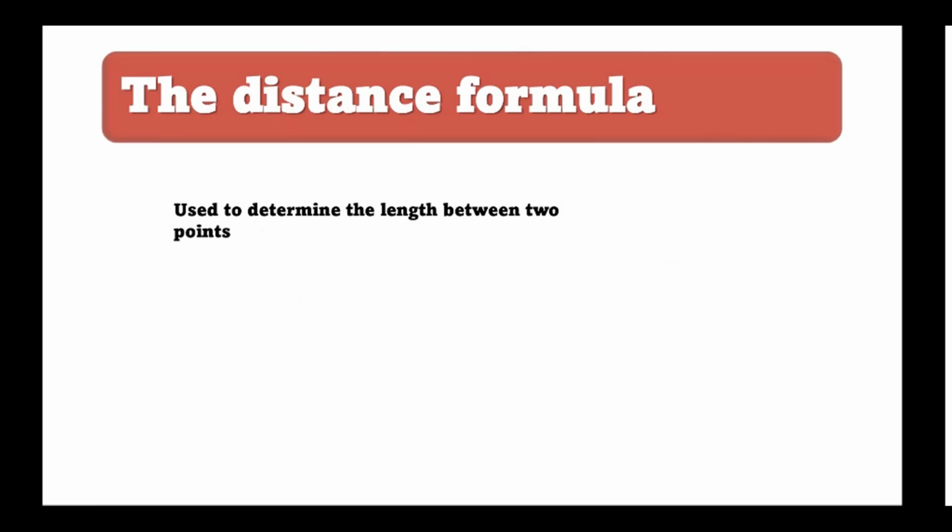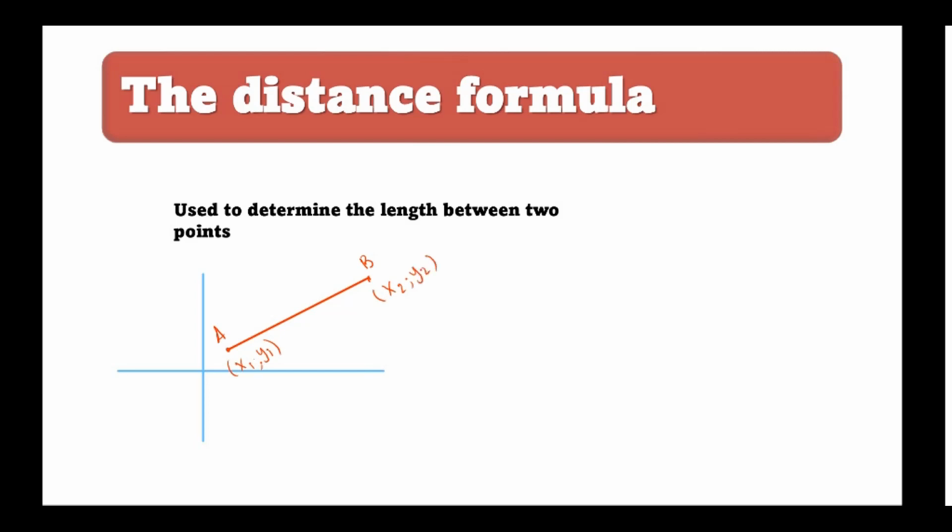You are given two points on your Cartesian plane, and we are told that point A is equal to (x1, y1), and point B is equal to (x2, y2).